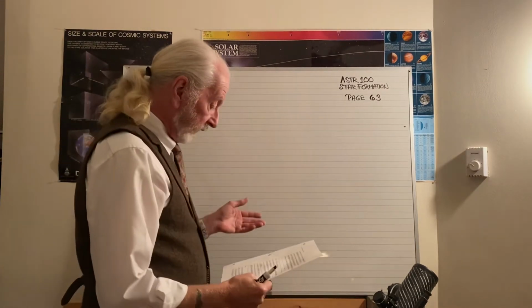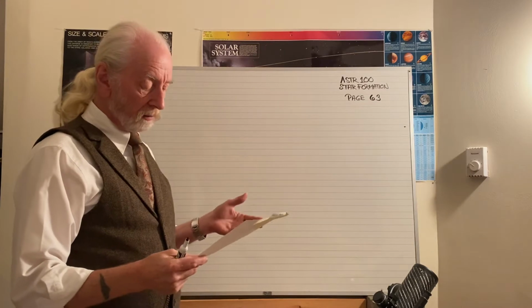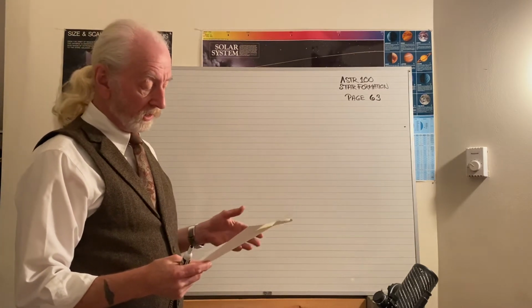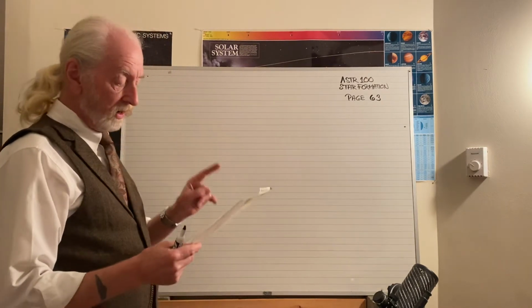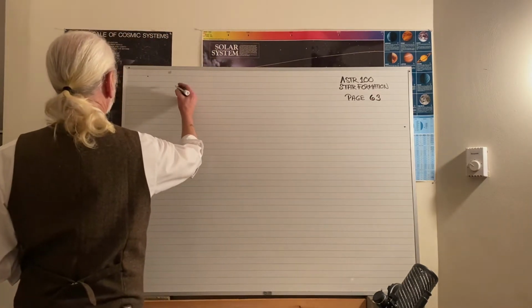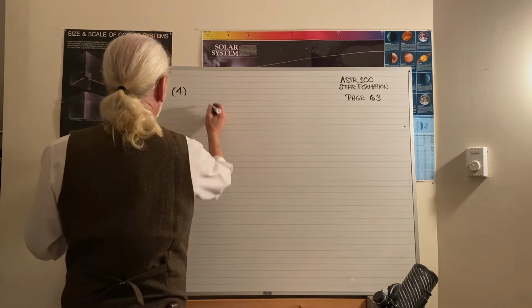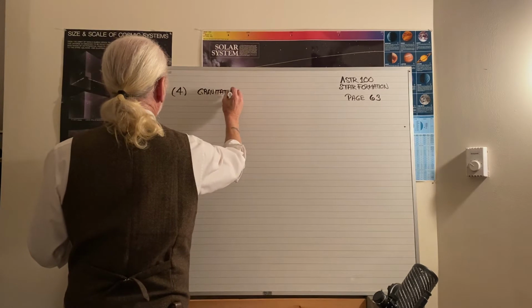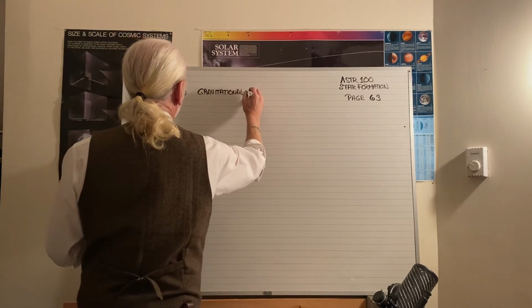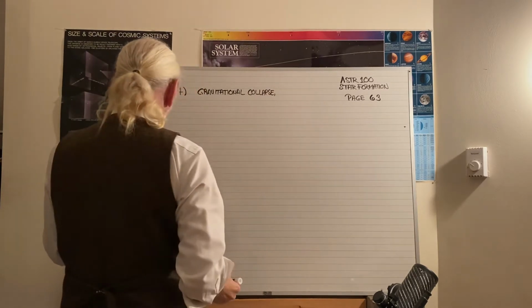Okay, it says finally at 10 to the 7th kelvins, and then in parentheses it says 100 million degrees Kelvin. Cross that out. That's not 100 million degrees Kelvin. That is 10 million degrees Kelvin. Okay. So this temp is a result of gravitational collapse and pressure.